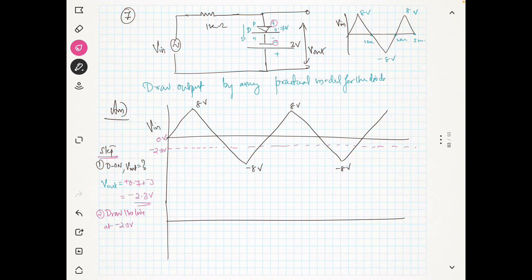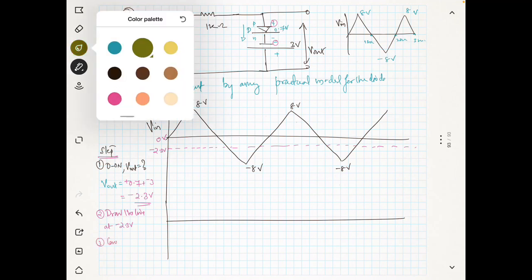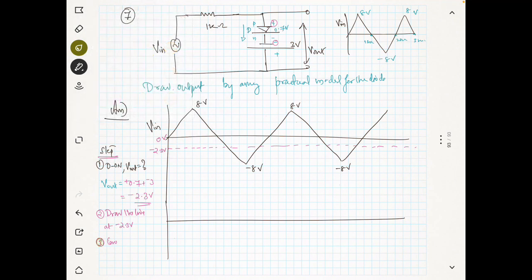Now we will consider the point with V in equal to 0. When V in is equal to 0, we will identify the situation of the diode. So when V in is equal to 0, I can redraw the circuit like this.